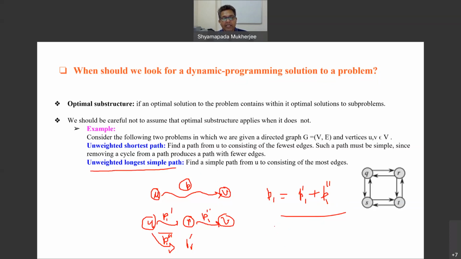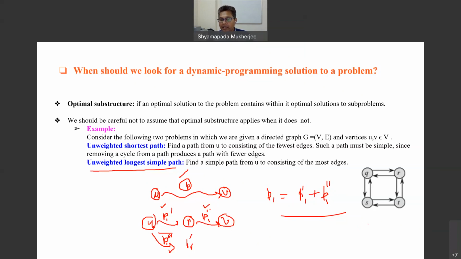But you can see that if we have a similar kind of problem where we want to find the longest simple path, then it may not always be that P1 dash and P1 double dash are both the longest simple paths between u to R and R to v respectively.